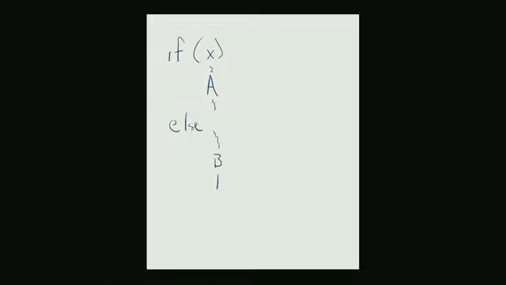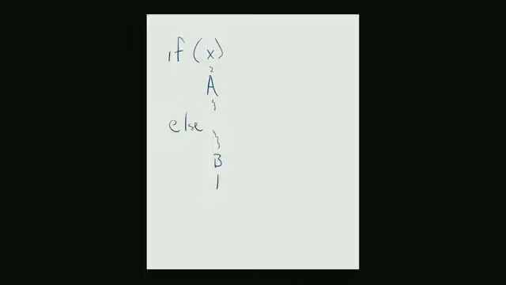I'm going to check a condition X, whatever that is. And if X is true, I'll do A, otherwise I'll do B. And this is in my code, part of my CUDA kernel, and it's doing whatever it's doing.